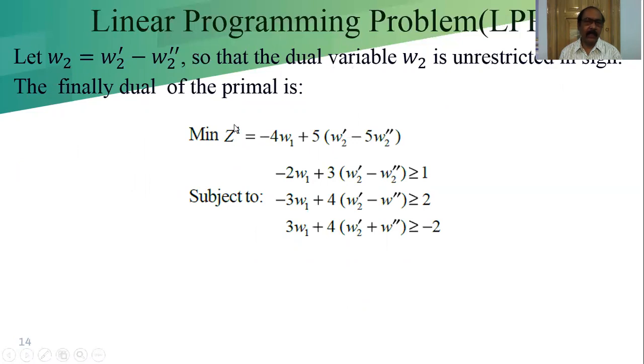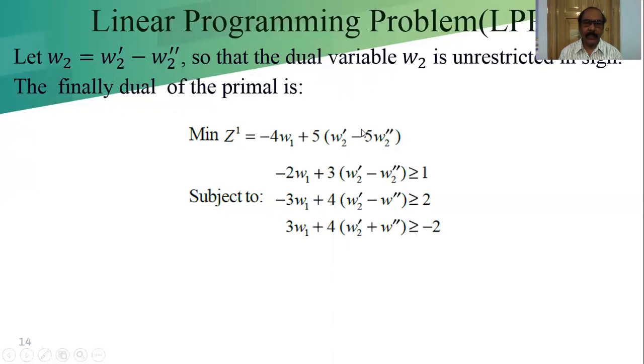Z1, or Z star, or we can write capital W equal to minus 4W1 plus 5 W2 dash minus 5 W2 double dash, subject to minus 2 W1 plus 3 W2 dash minus 3 W2 double dash greater than equal to 1; minus 3 W1 plus 4 W2 dash minus 4 W2 double dash greater than equal to 2; and 3W1 minus 4W2 dash plus 4W2 double dash greater than equal to minus 2.